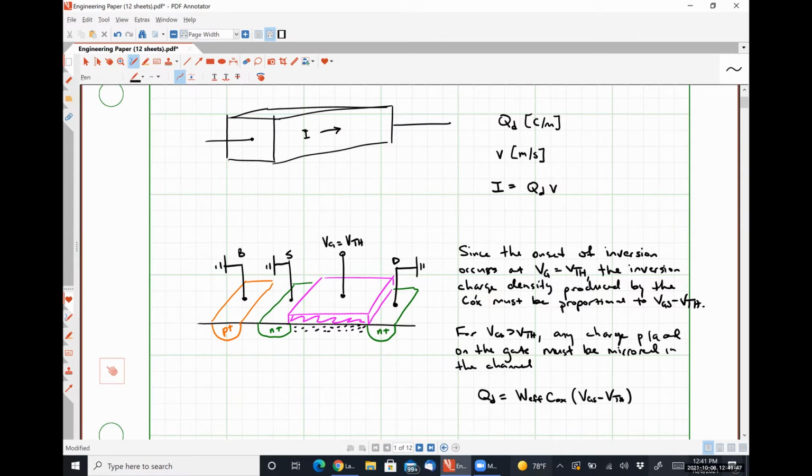So we're effectively saying that the distribution of charge present in the channel depends on the physical parameters of the MOSFET, the oxide capacitance, and then our voltage applied, right? So it's the area or a portion of the area, since this is charge per unit length, oxide capacitance, and applied voltage.